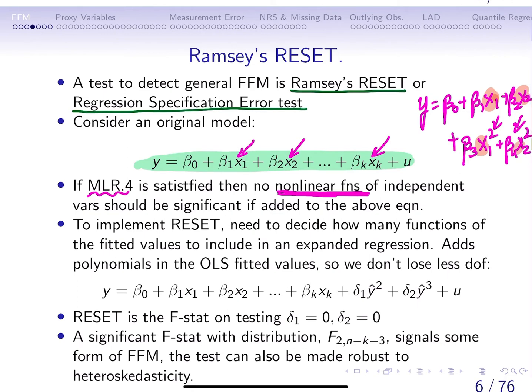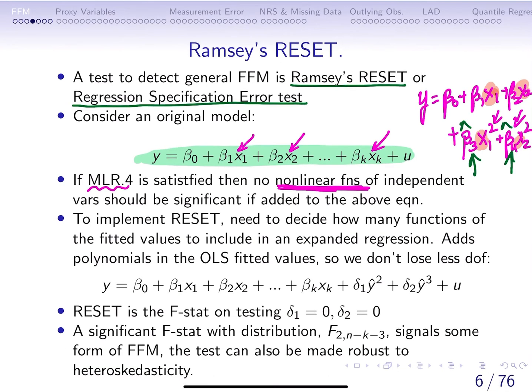If we introduce those, then we would expect that these estimators would be insignificant if there were no nonlinearities in our model. But we always want to check that. That's why we always want to think about improving our model.